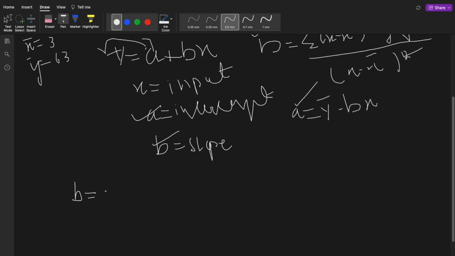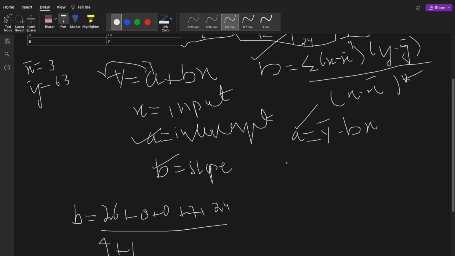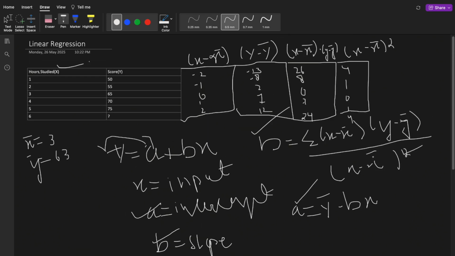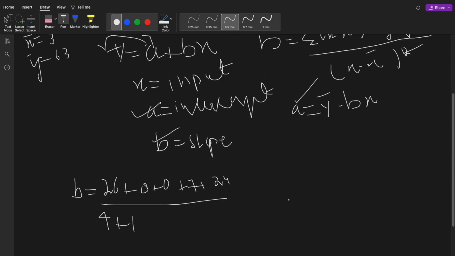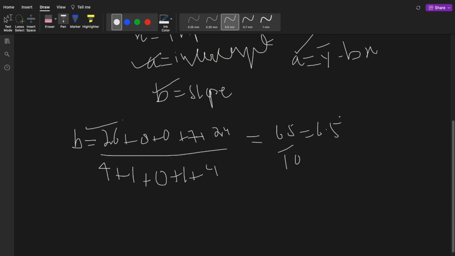Just add these values here: 26 plus 8 plus 0 plus 7 plus 24, and then 4 plus 1. Then here, why we have x minus x bar square, so we will divide it: 1, 4, 1, 0 plus 1 plus 4. So it will be 65 divided by 10, and then we will use 6.5. So we got b, which is 6.5.